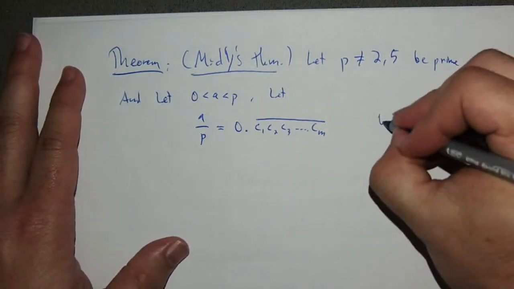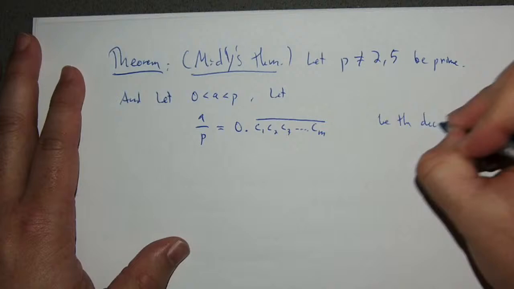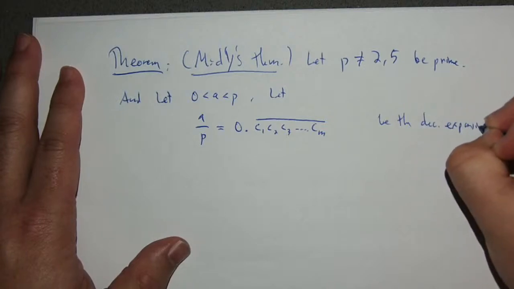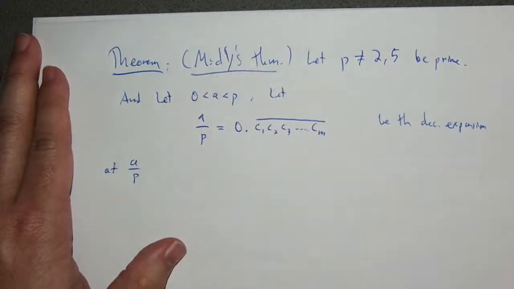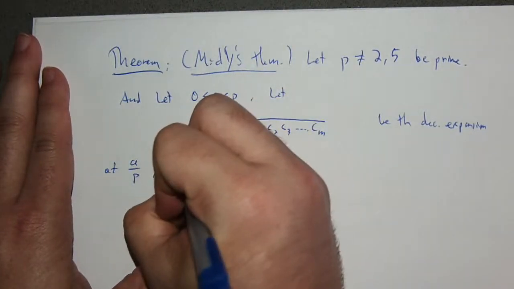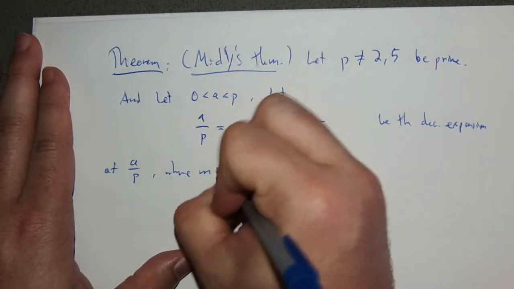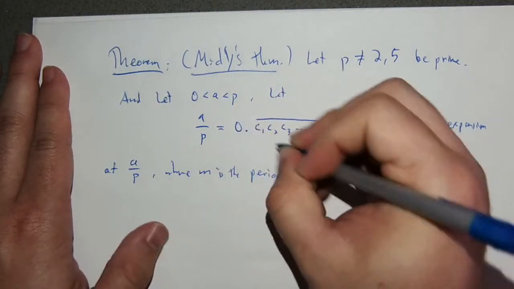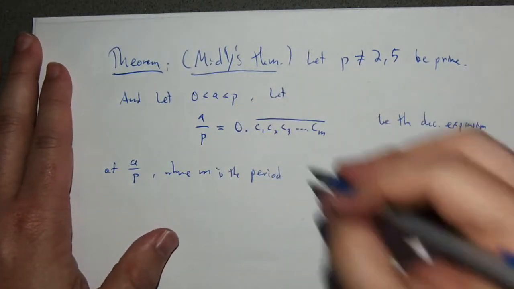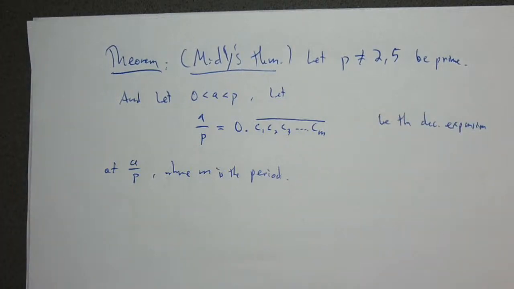So let this be the decimal expansion of A over P, where m is the period. Okay. So m is the period, so this block isn't inefficient. This is exactly what m is.